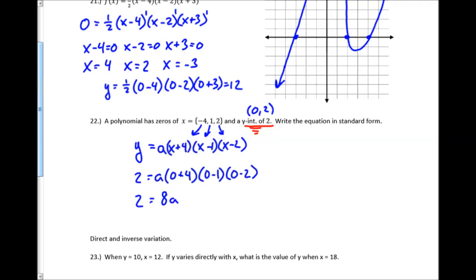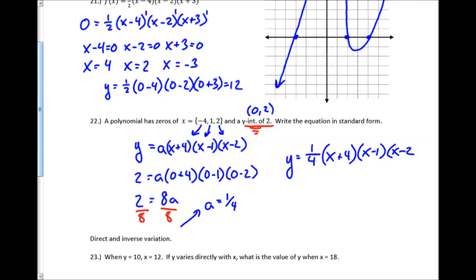I have 8a, and now I'm just going to divide to solve for a. And when I do that, I find out that a equals 1/4. And now I can write my equation, y equals 1/4, then I write my factors down that I already established earlier. Just had to find that a value to make sure I had the proper y-intercept. And that's it.